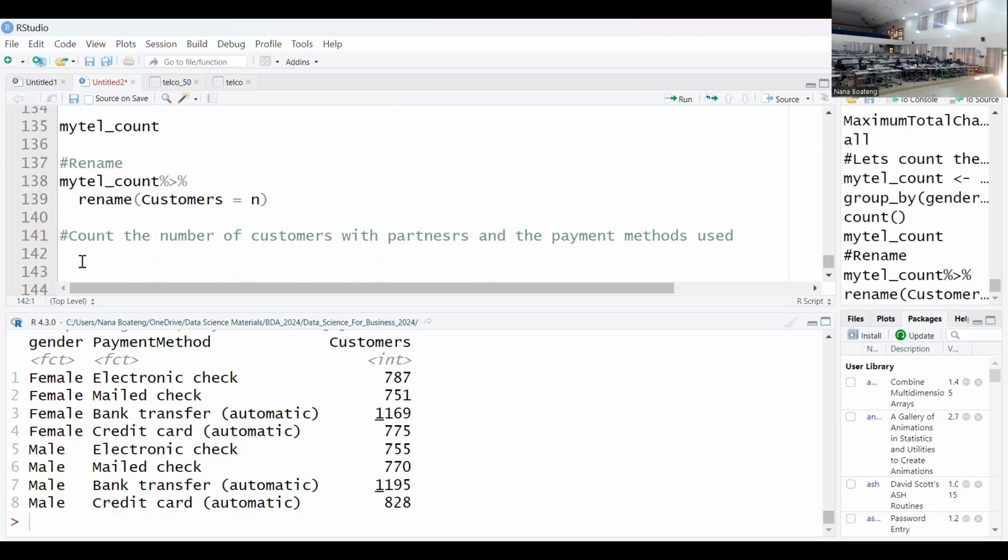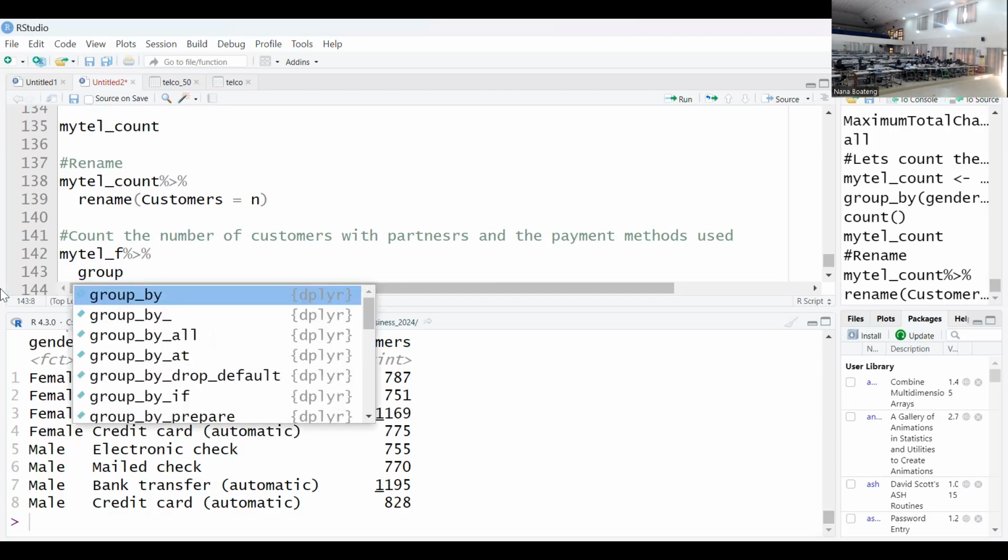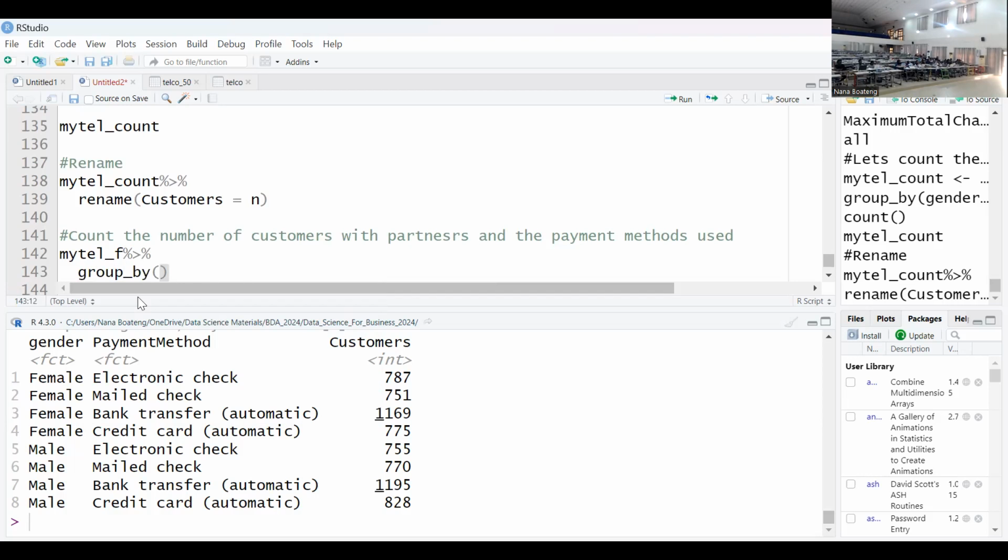Okay. So let's take my tail underscore F. Let's pipe that. And now I want to look at the type of partners. So we group by the partners.